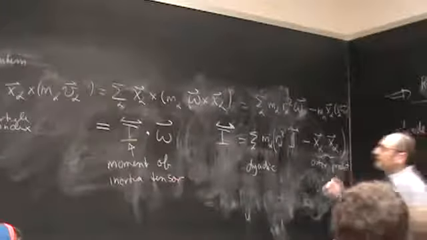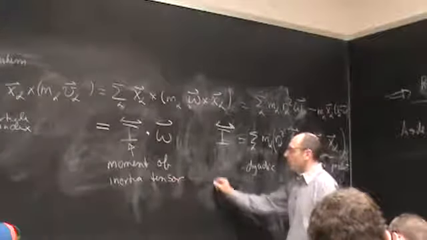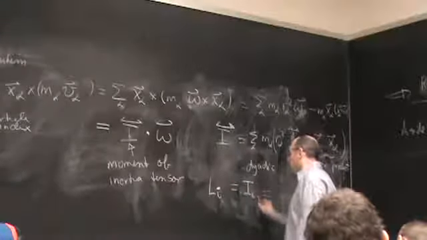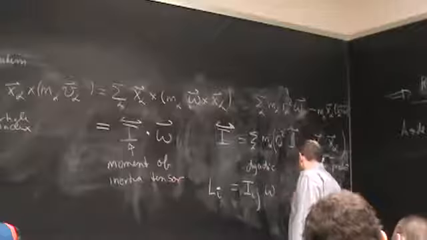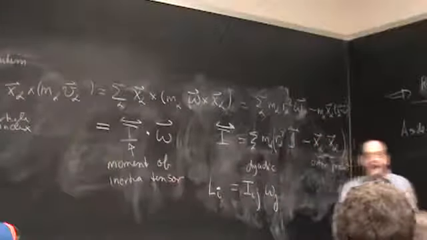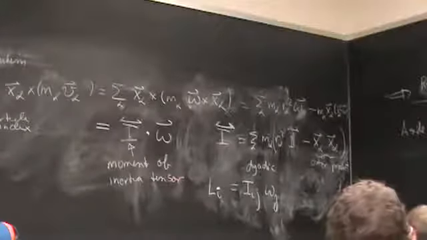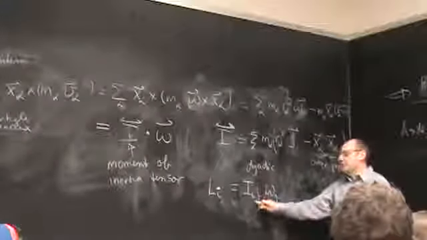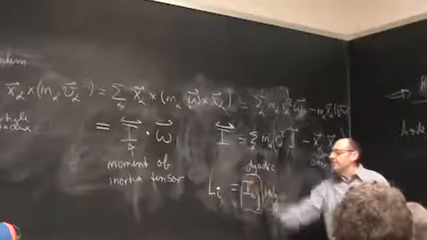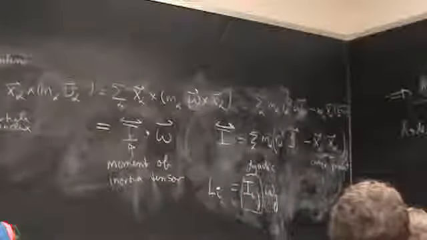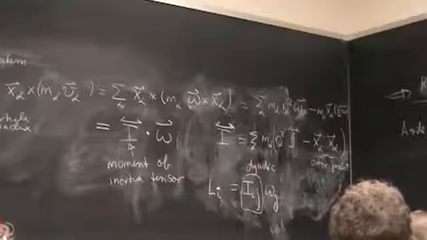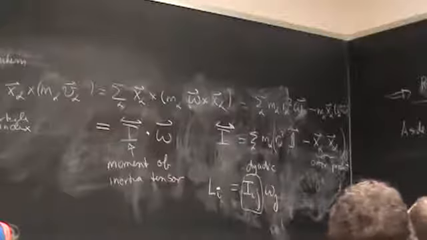What this means, stated another way, is if I look at the ith component of the angular momentum, it's not just proportional to the ith component of the angular velocity, but instead is a matrix multiplication. And this matrix is what we call the moment of inertia tensor. And its components are here.